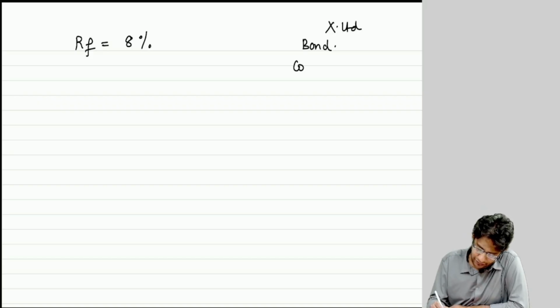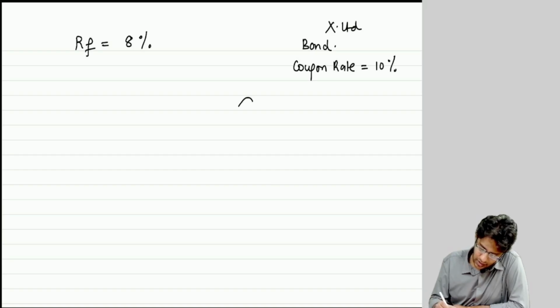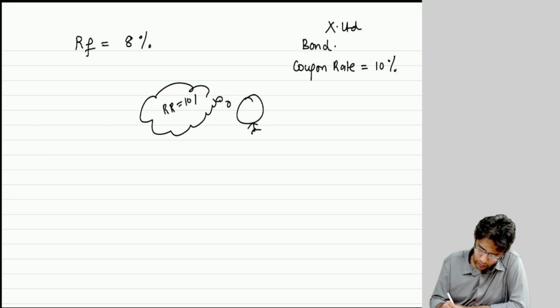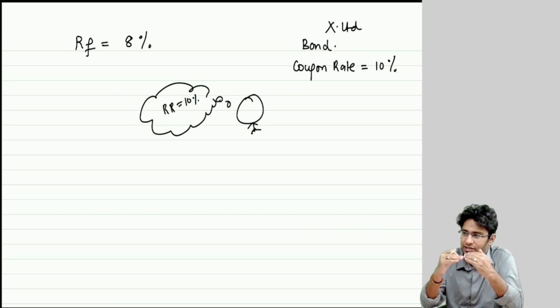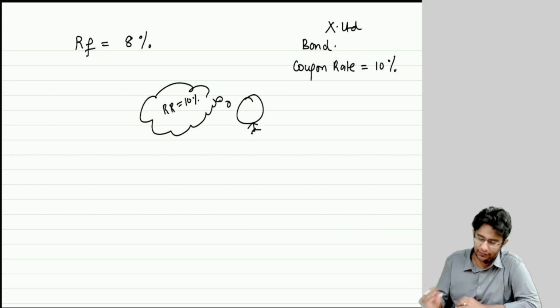It offered a coupon rate of, let's say, 10%. I am the investor. In my mind, my required return is also 10%. My required return and the coupon rate are both matching. Will I buy the bond or not? Definitely I will buy.